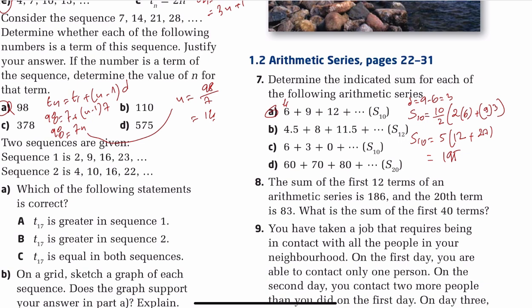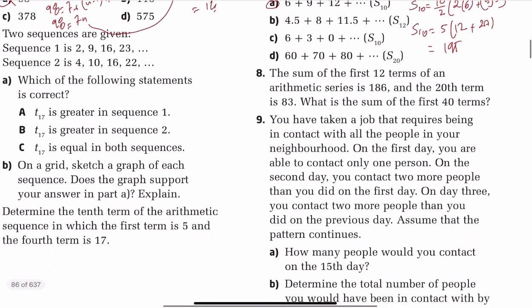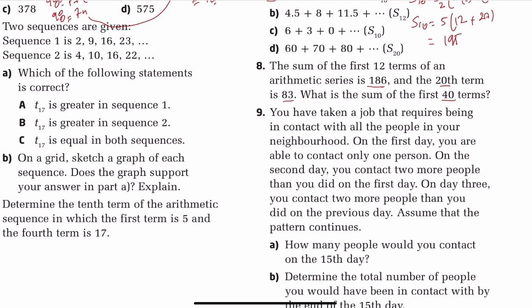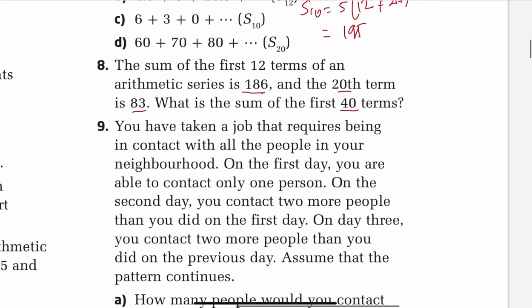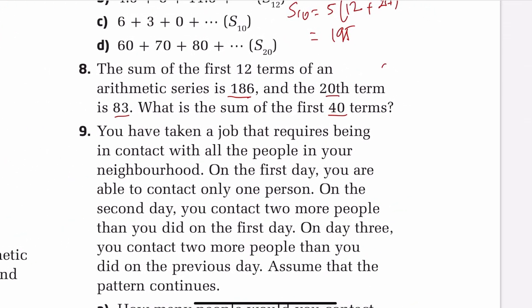So let's see other examples. For example, number 8, I have my Sn. So in this question, my Sn is 186, and my n, because it's 12, I can say my n is 12.